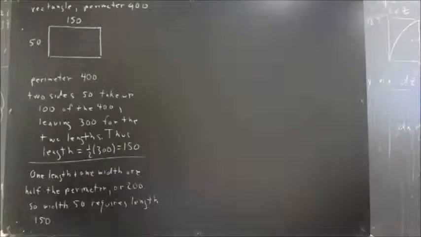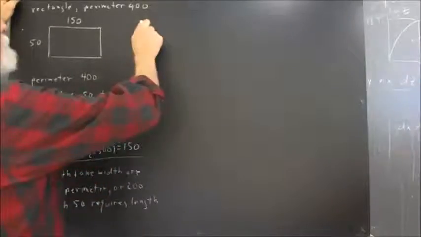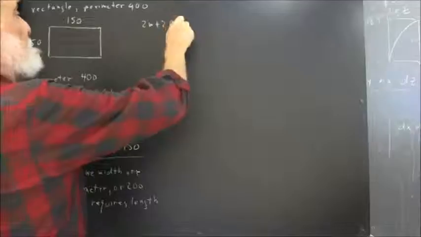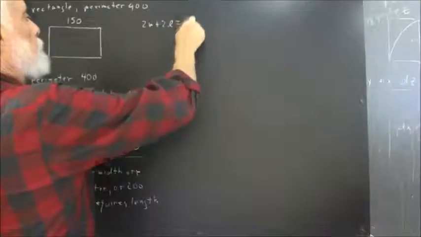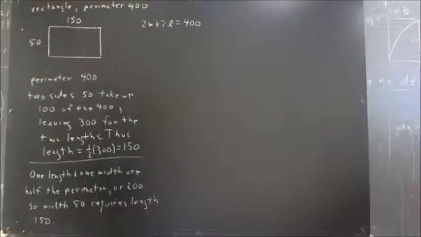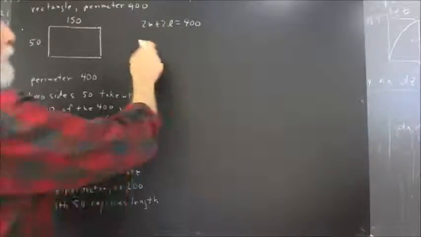Now, a little more formally, we could say that the perimeter is twice the length plus twice the width, or 400. And then we could solve for the width.